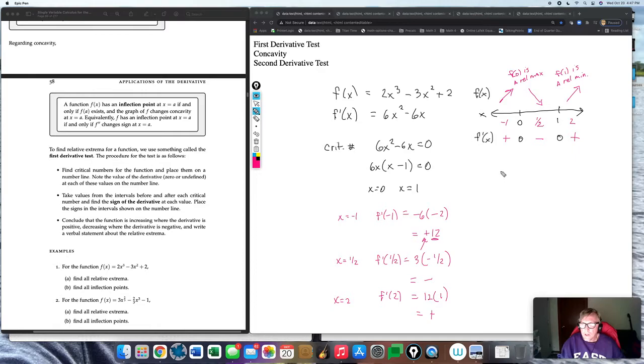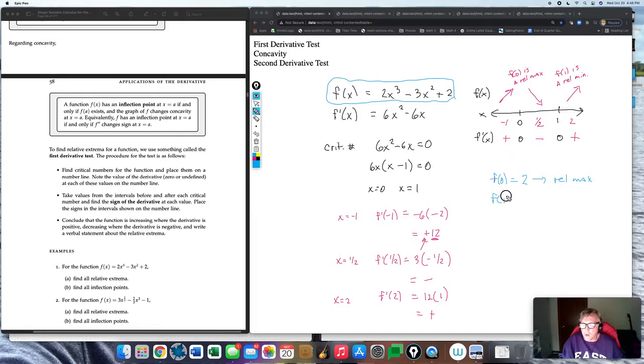Okay, so what do we do for f of 0? What is f of 0? F of 0 comes in here. And you can see real quickly, if I put 0 in there, I'm just going to get 2. So the function's value at 0 is 2, and that is a relative maximum.